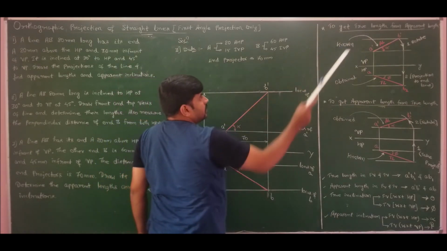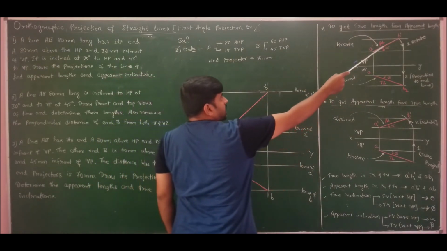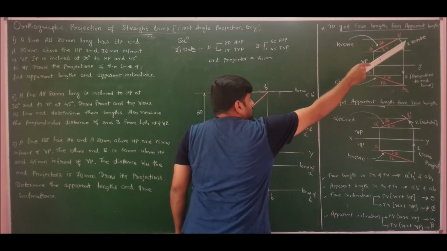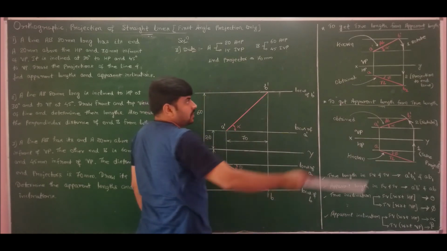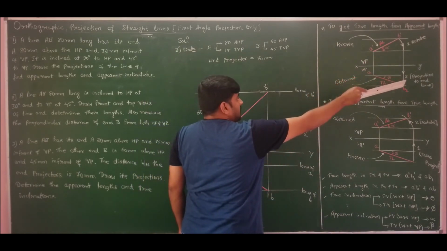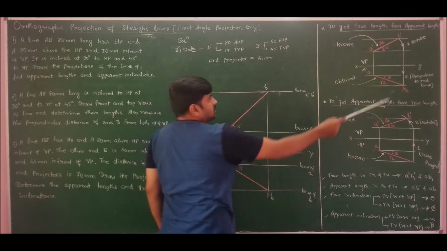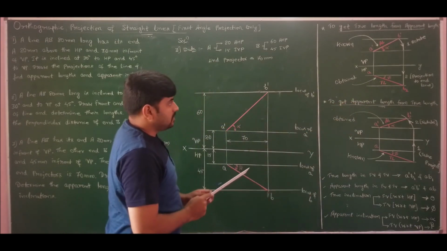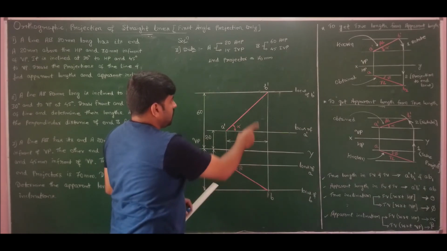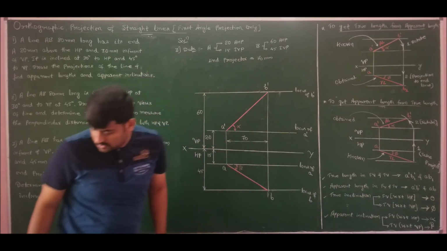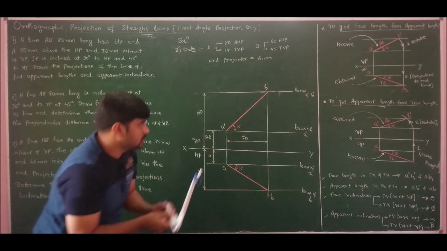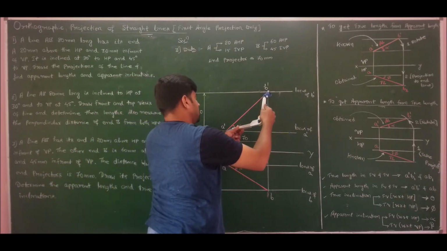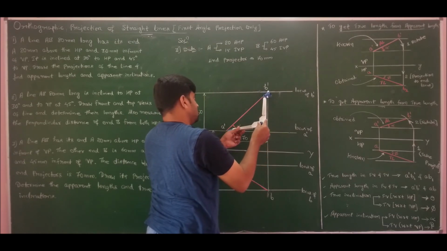To get true length from apparent length, we know apparent length. To get true length, first I should rotate and make it parallel, then I should take the vertical projection, project it onto the another end of the line, that is end B1. So therefore first I should rotate and make it parallel. Keeping at A dash, we'll rotate this and make it parallel.